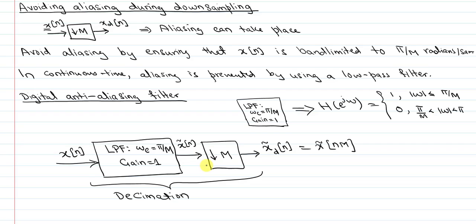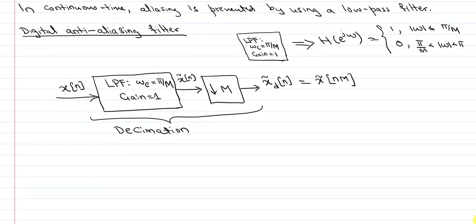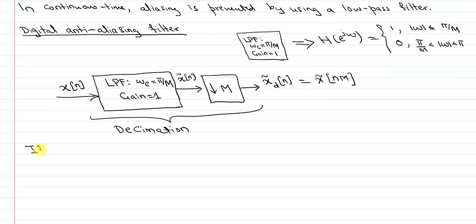Okay, now the things to keep in mind here are that if x[n] is band limited to pi over M, so if the input signal was band limited to begin with, then we know that low pass filtering is not going to do anything to it.